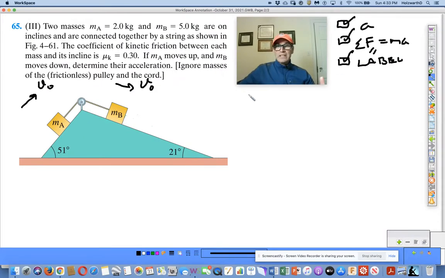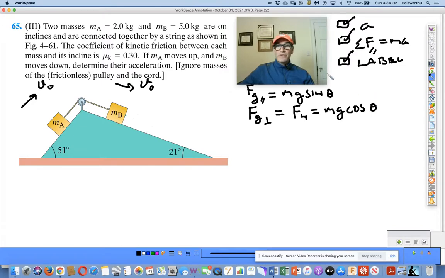But let's review some of our components though, especially for gravity. The component of gravity along the line of action, the parallel component, is mg sine theta in general. The component of gravity perpendicular to the inclined plane, which we associate with the normal force, is equal to mg cosine theta.